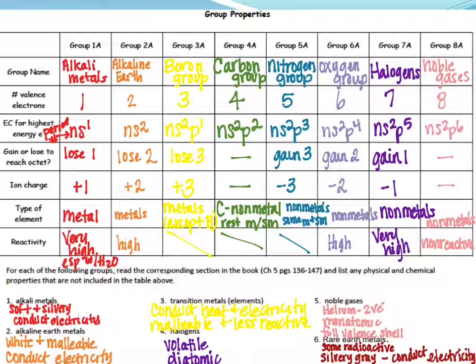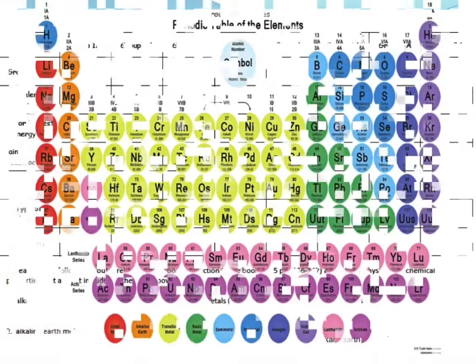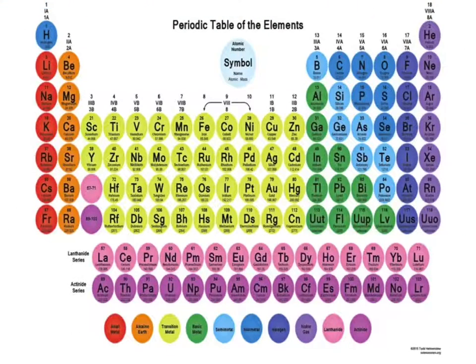The last thing I would do on your periodic table is, at the very top, just like I have on mine, put those charges: +1, +2, +3, plus or minus 4, -3, -2, -1, 0.